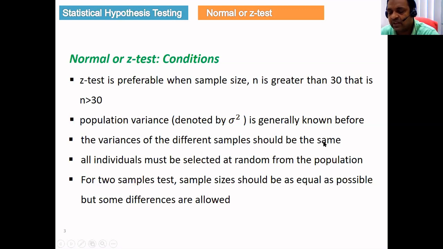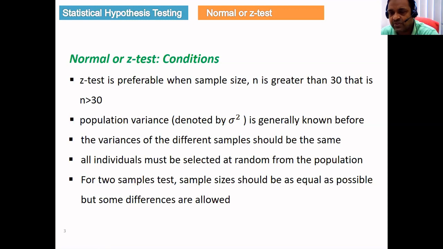If you take two samples, it is better if they have the same variance. And you have to select the sample randomly from the population. And if you take two samples, it is better if they have the same size. It may be a different size, but better the same size.